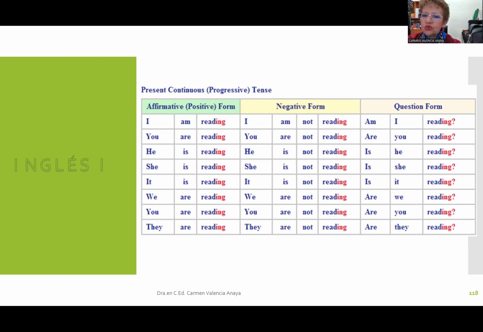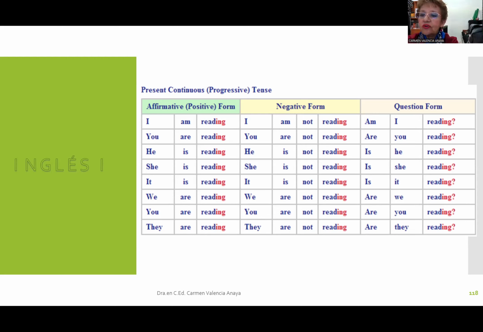And let's continue with the question form. In the question form, I'm going to start with the verb to be at the beginning of a sentence. For example, am I? Are you? Are we? Are they? Is she? Is it?